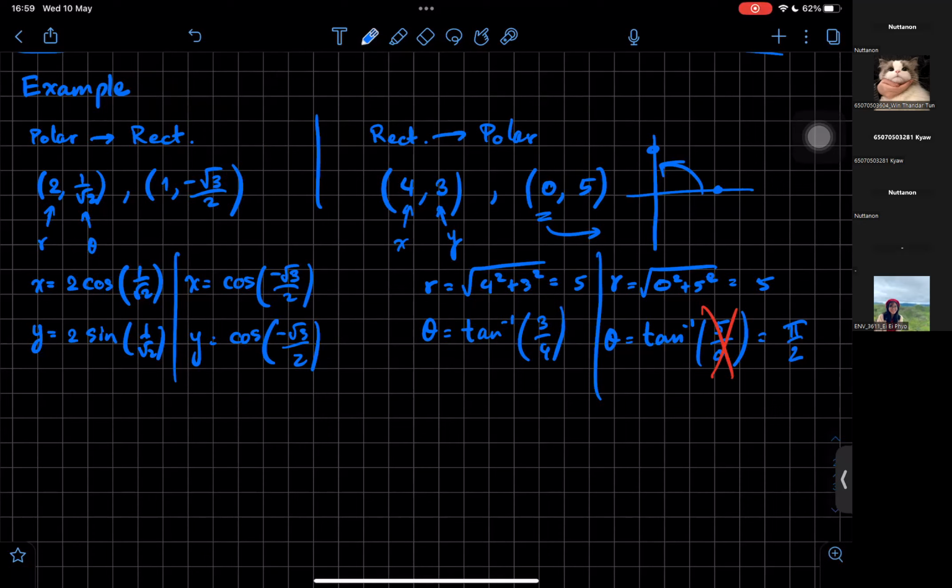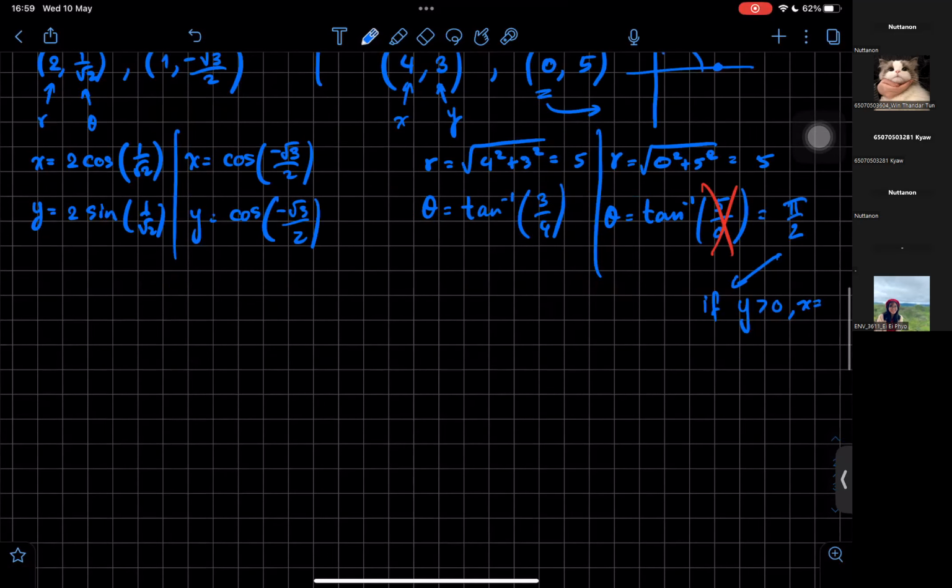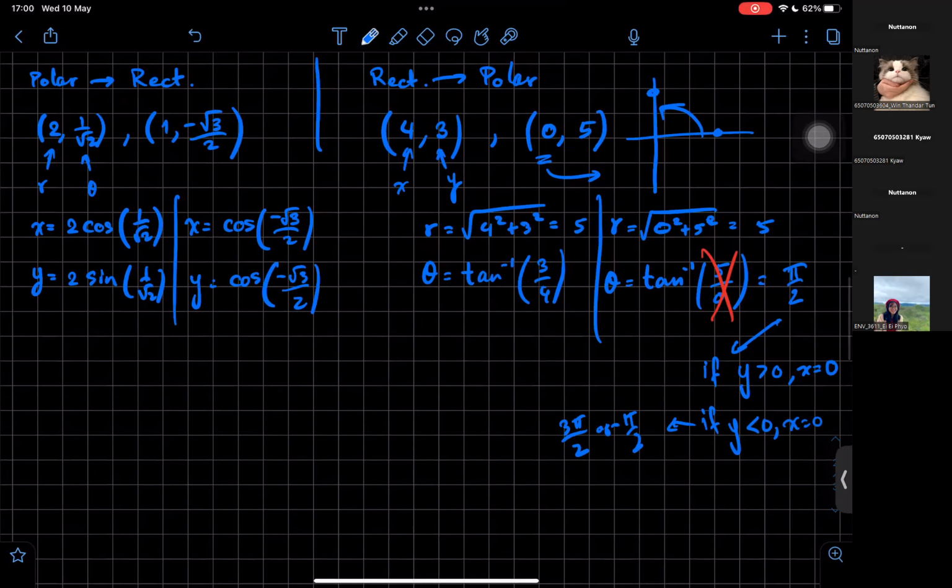It's pi/2 if y is greater than 0 and x is equal to 0. And if y is less than 0 and x equal to 0, this gives you minus pi/2 or 3 pi/2. So this is like a special case.